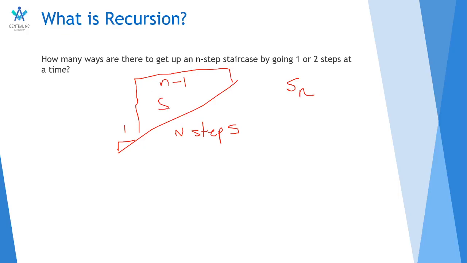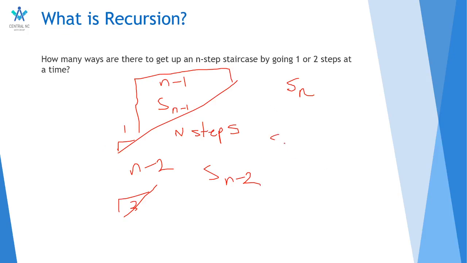This is S of n minus 1. Now let's consider the other way of going up the staircase, and that is to start off with a 2-step move. That will, of course, leave you with n minus 2 steps, which is S of n minus 2. These are the only possible ways to start off your move.